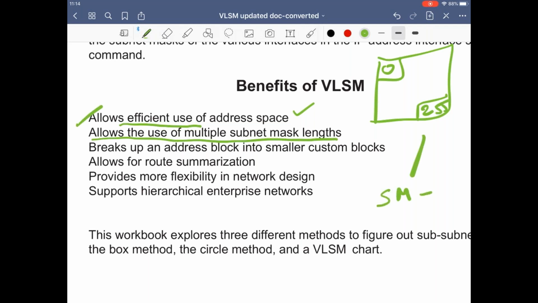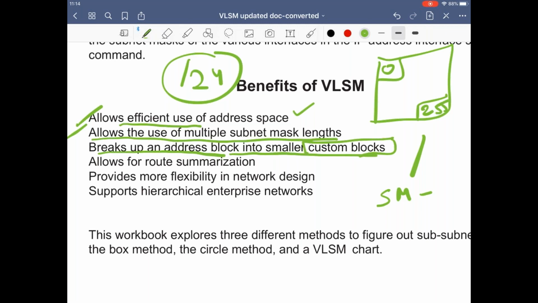It breaks up the address block into smaller custom blocks. We will break a big block of network addresses, like if we get /24, into smaller custom blocks, right? Custom blocks, like the custom subnet mask we heard about previously.